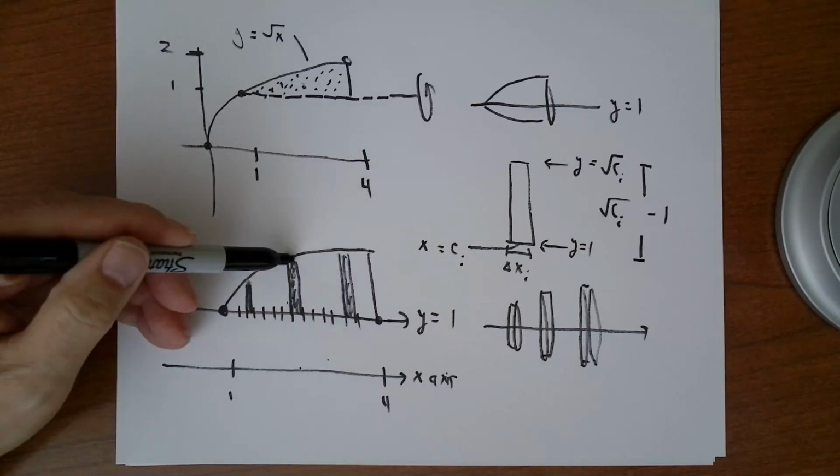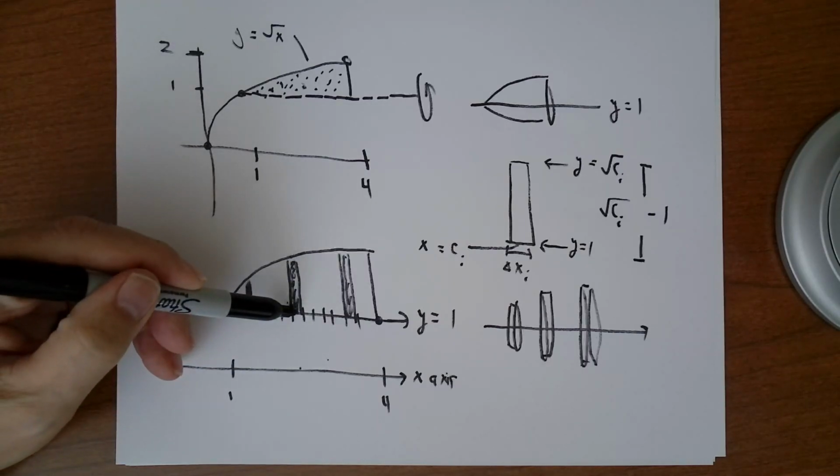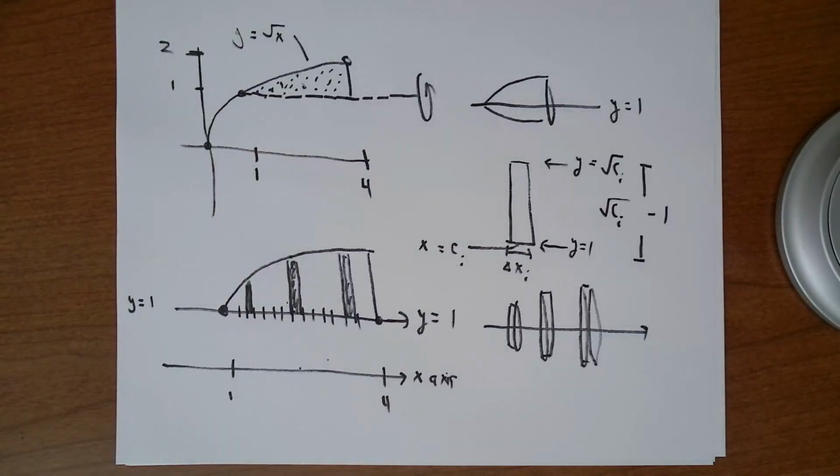The recipe says pi times radius squared times perpendicular height.